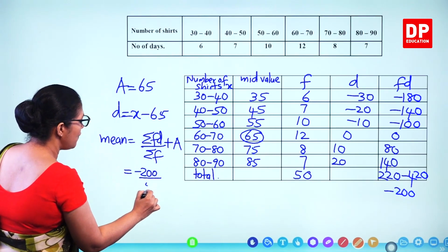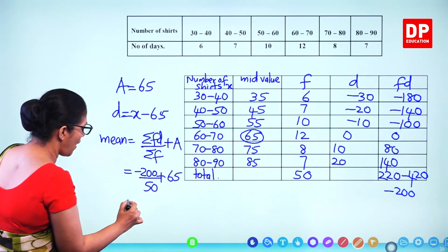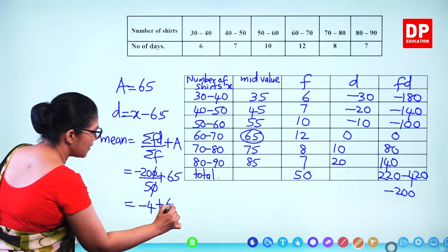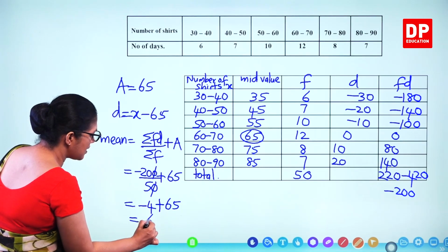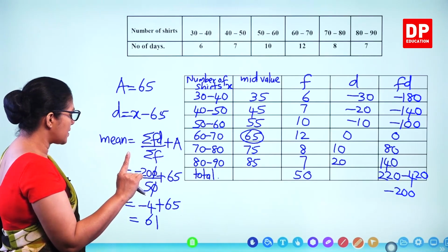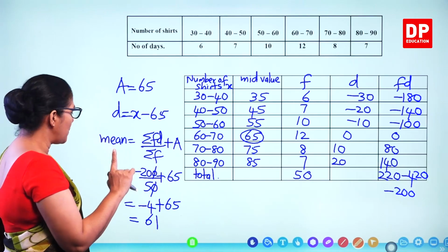So divide by 50 plus A, the assumed mean we took, 65. So what's the value? Minus 4 plus 65. So you get 61 number of shirts per day. So mean means number of shirts per day.